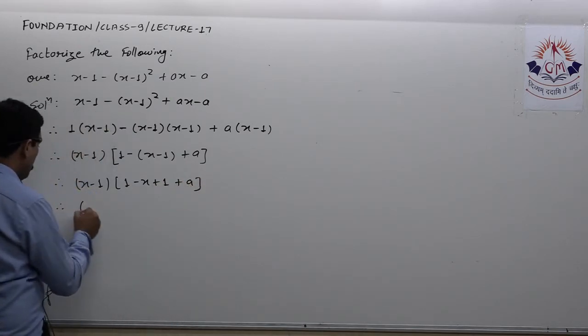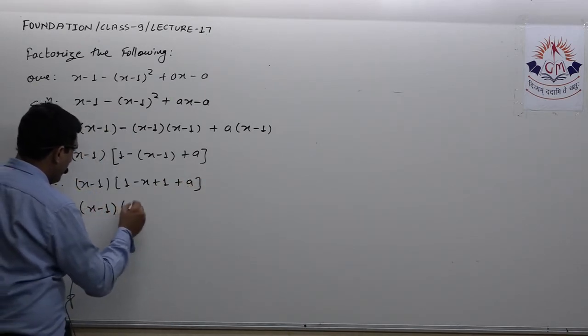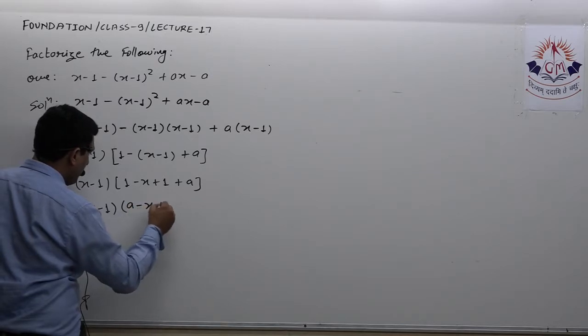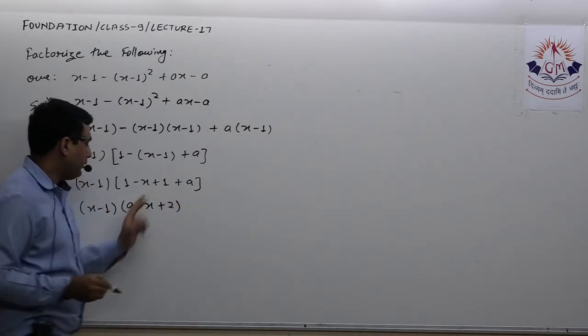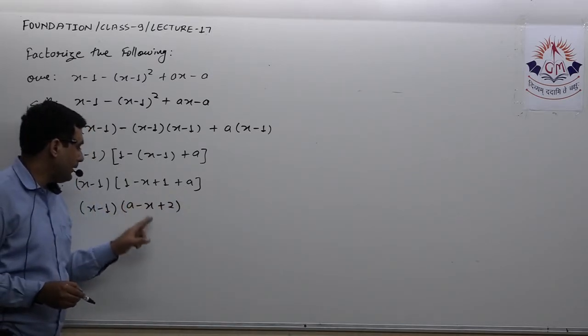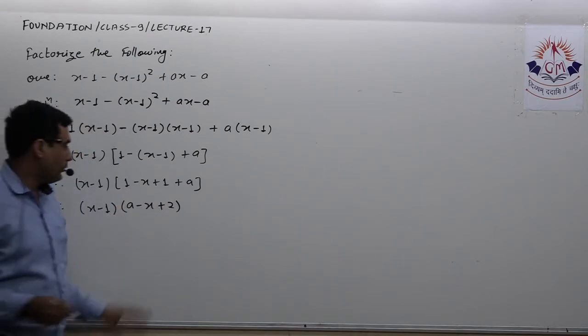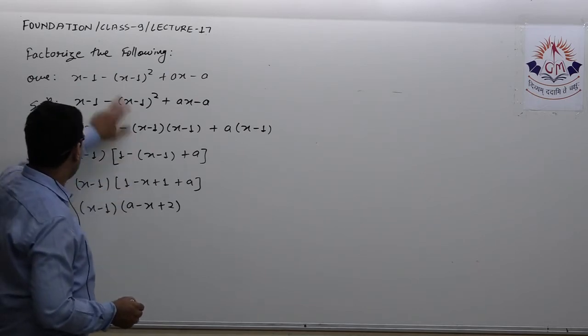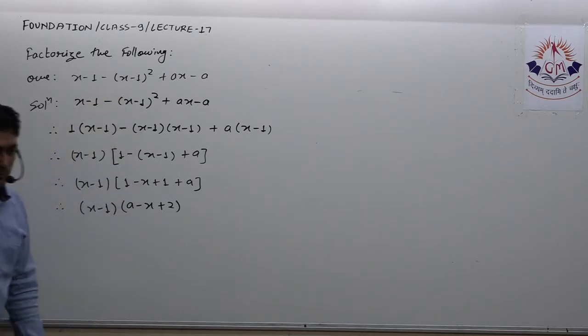So my final answer is, in the first bracket x minus 1, then here 1 plus 1, 2. So a minus x plus 2. I wrote a with positive sign, then minus x, then 1 plus 1, 2. So this is the final answer, or I can say these are the factors of the given expression. So please note it down, then we'll see the next question.